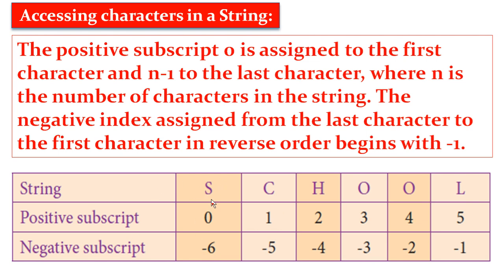Here, when school is assigned to a variable a, for example a equal to school, then a of 0 and a of -6 both indicate the same character, s. Similarly, for L, a of 5 and a of -1 indicate the same character. In this way, we can access the characters in a string in Python.